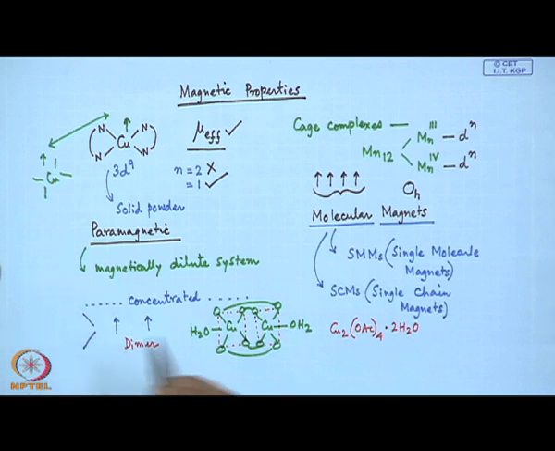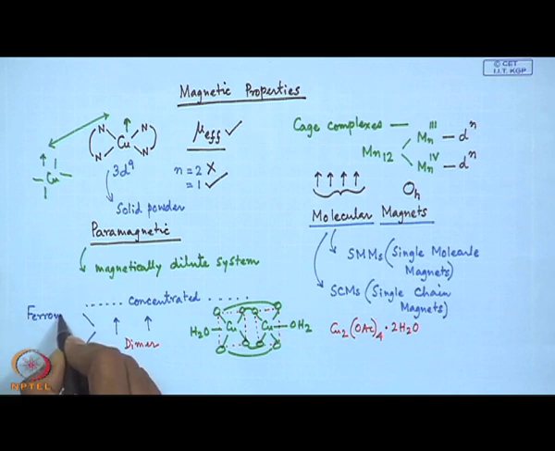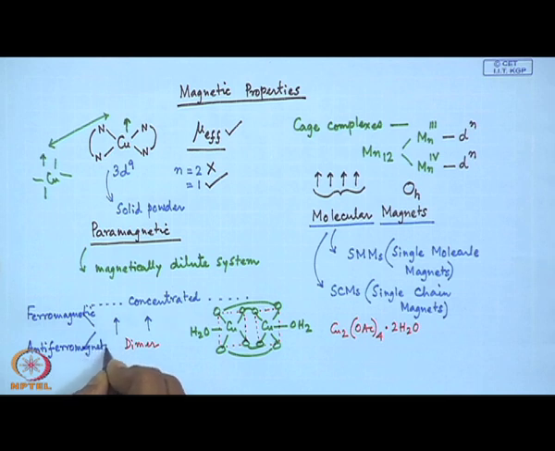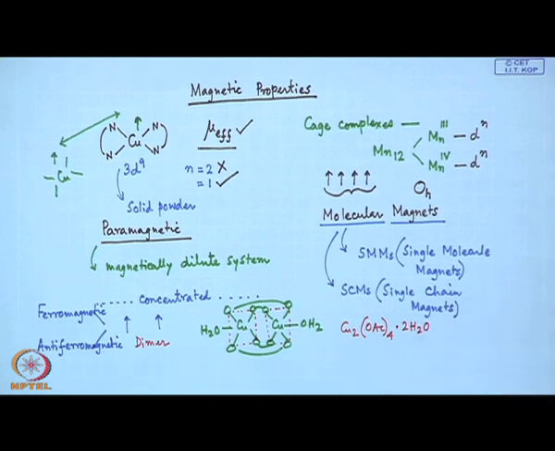When they are interacting in such a manner the overall magnetic moment can be increased, we get a ferromagnetic interaction, and if the interaction diminishes the total magnetic moment of the system, we get some antiferromagnetic interactions. The interactions can thus be ferromagnetic or antiferromagnetic in nature.